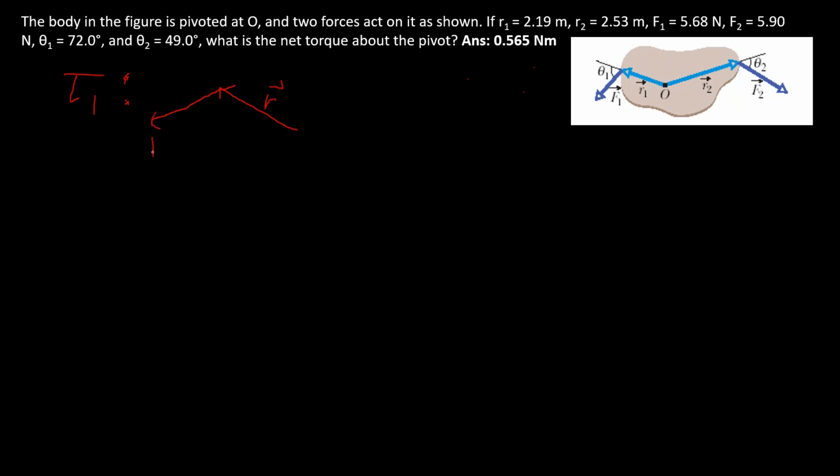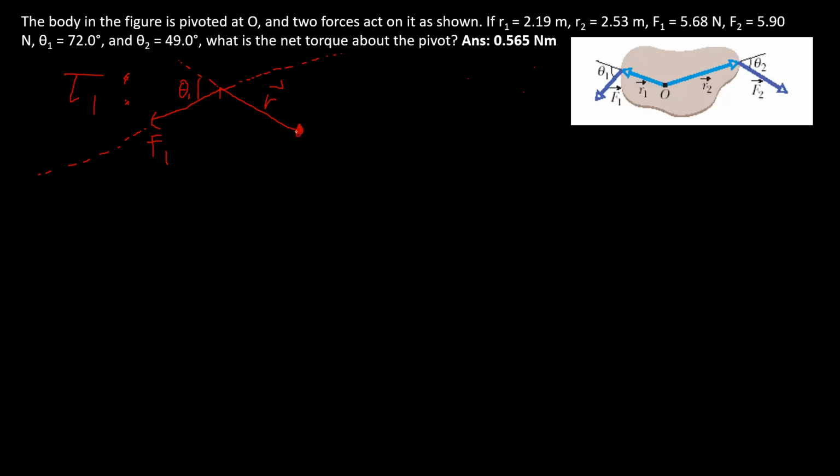This is F1. And this one here is theta 1. So actually, class, this is the line of application of the force, right? And so we're looking for the moment arm.